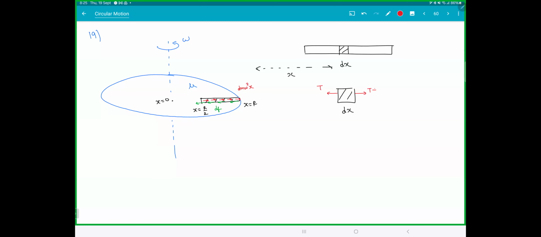Let this be T, let this be T plus dT. There is also a centrifugal force dm omega square x, and there is a small friction acting on this, isn't it? On that small piece dx, these are the forces acting on it. That dT is the small change in tension because of that extra centrifugal force. We don't need it here, but I'm just trying to show you in the FBD how it looks. They can ask you to find the tension in the rod, so then you'll need it.